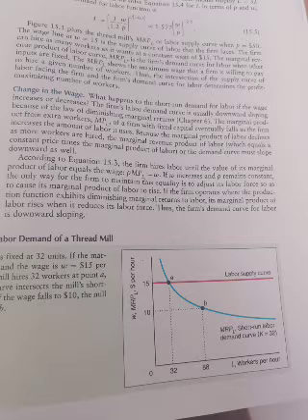If the firm operates where the production function exhibits diminishing marginal returns to labor, its marginal product of labor rises when it reduces its labor force. Thus, the firm's demand curve for labor is downward sloping.